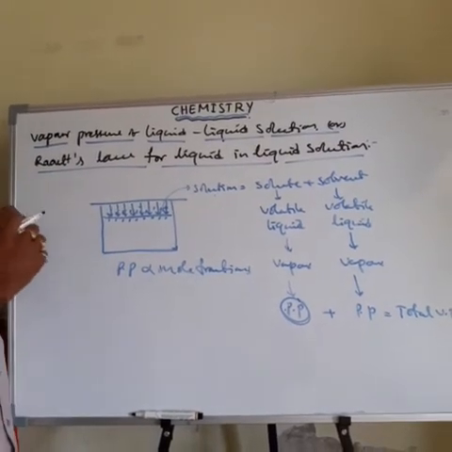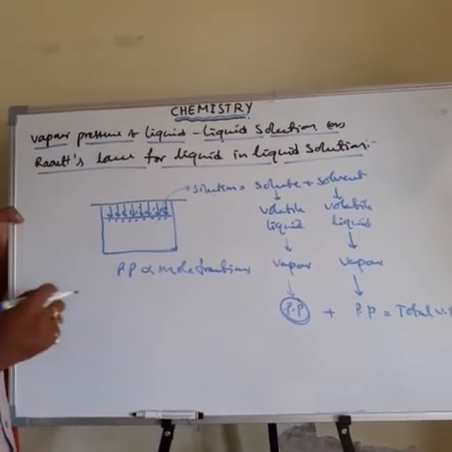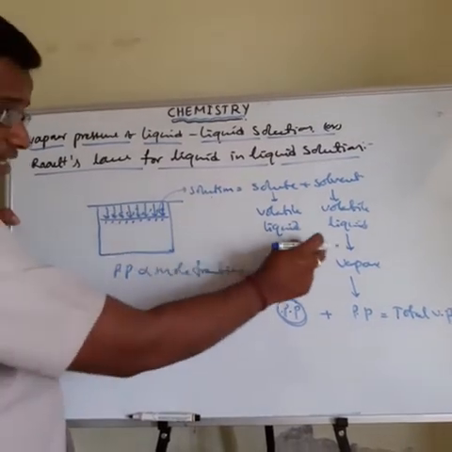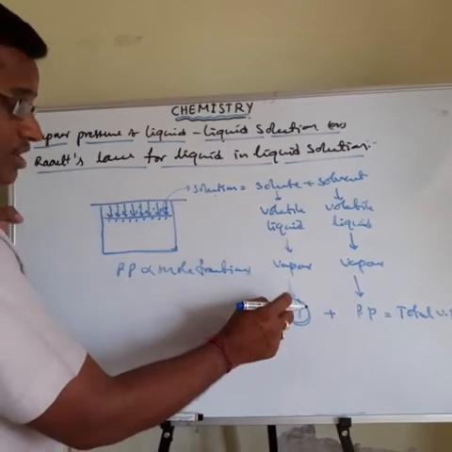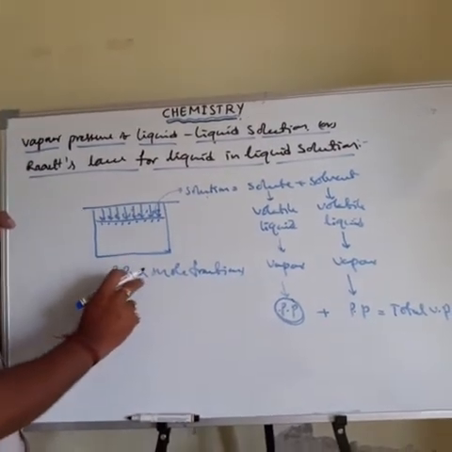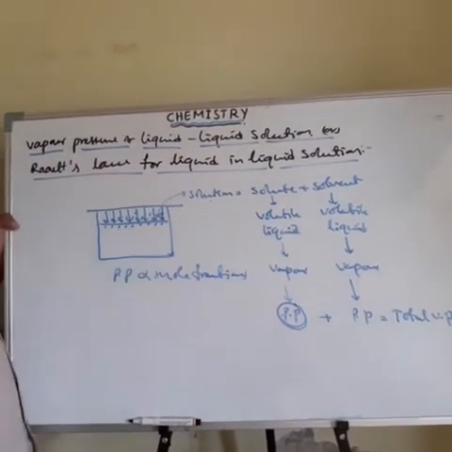According to the Raoult's law statement, the solution contains two volatile liquids in which the partial pressure of each component is directly proportional to its mole fraction.